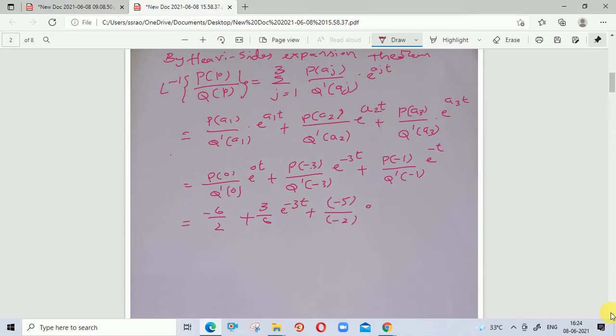So that is equal to minus 2 plus 1 by 2 e power minus 3t plus 5 by 2 e power minus t. Okay na?